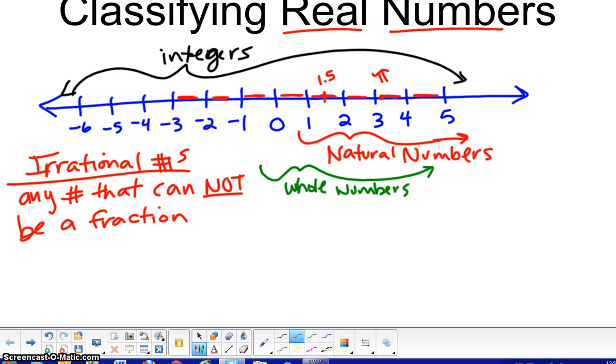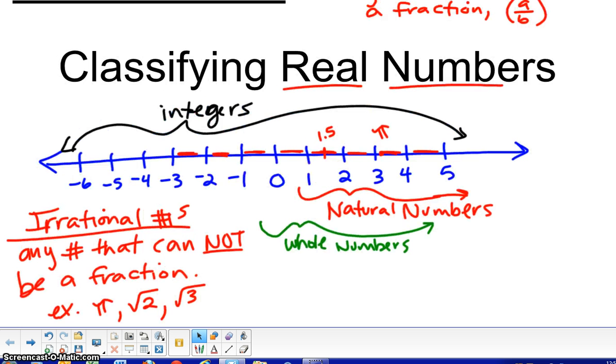So you're going to see examples like pi or radicals. A lot of radicals do not have a terminating decimal or repeating decimal. Okay, so those are your main groups. Now let's do some practice problems.